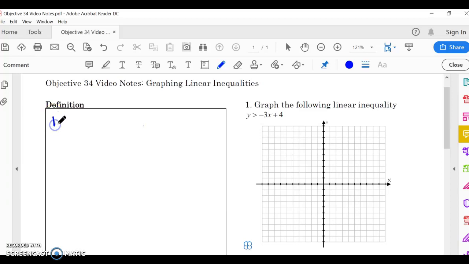Step number 1, we're going to graph the line. And when we graph the line, we're going to have to consider the inequality sign. If the inequality sign is greater than or less than, we're going to have to use a dotted line.